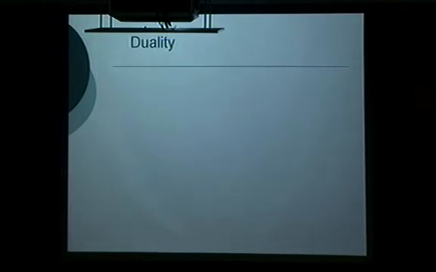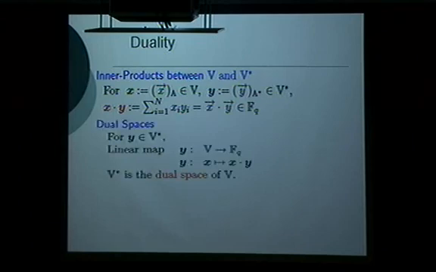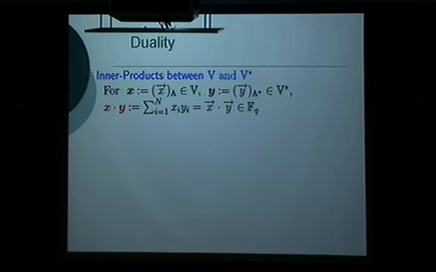So next, we can introduce duality of the vector spaces. It's also a very standard way of defining duality in vector spaces. Firstly, we introduce an inner product between V and V star.